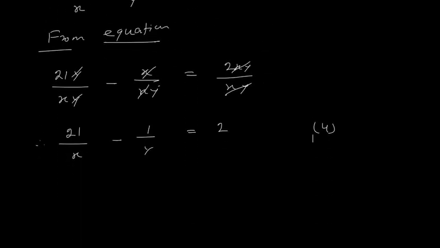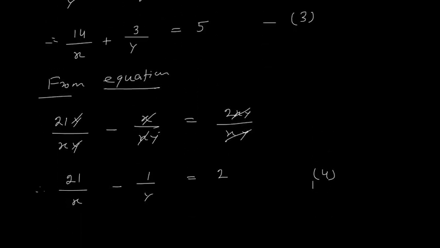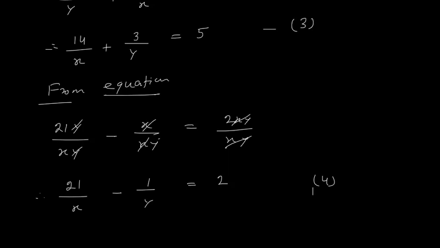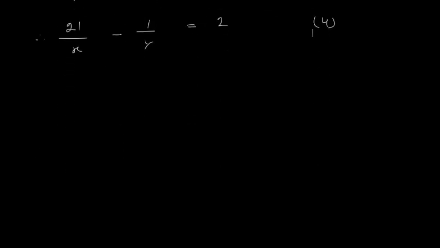Now equation 3 and equation 4. Here it is 3 upon y, here it is 1 upon y. Means everywhere it is 1 upon x, 1 upon y. So what we do? We will let 1 upon x is equals to a and 1 upon y is equals to b.